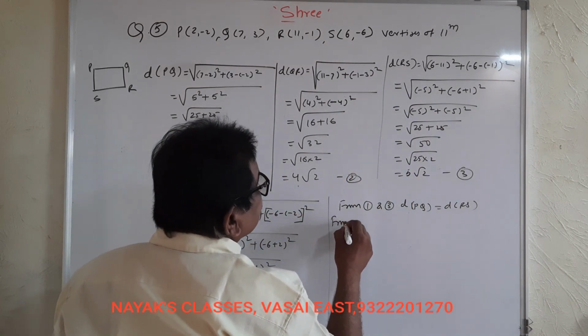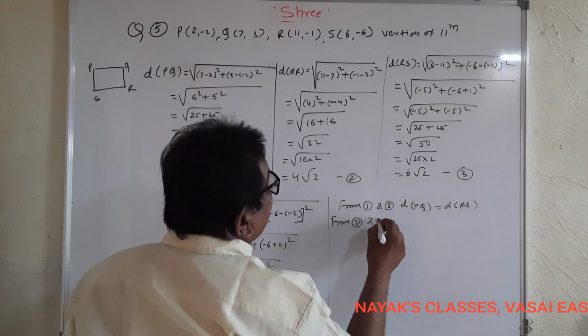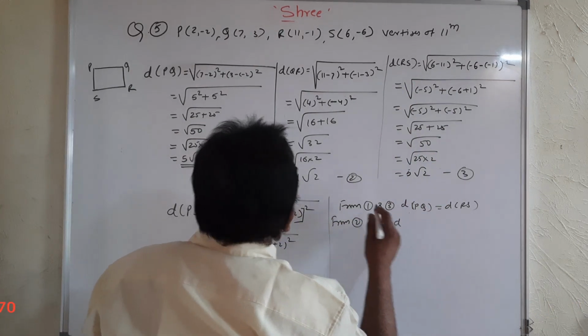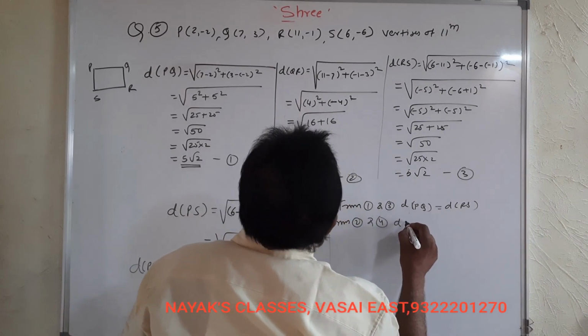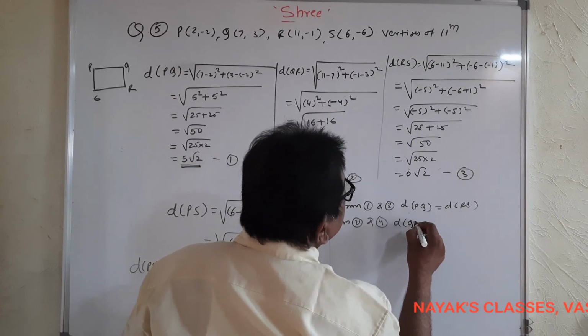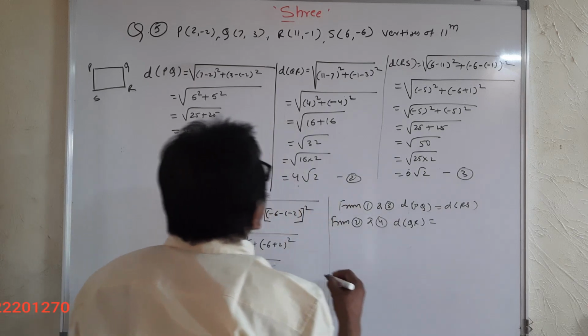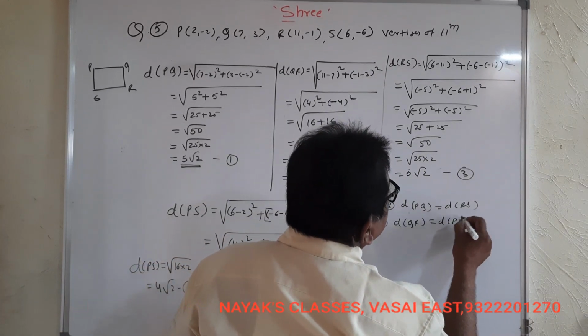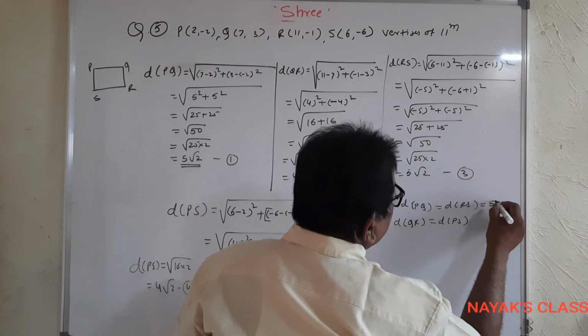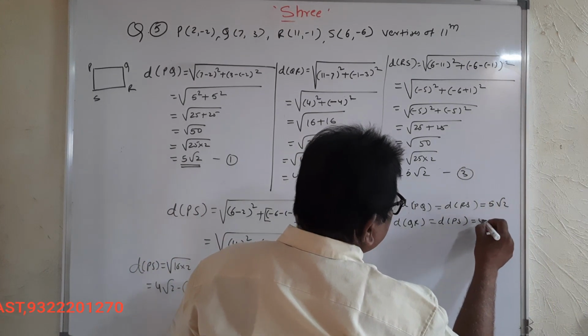And from 2 and 4, distance QR is equal to distance PS, which is 4 root 2.